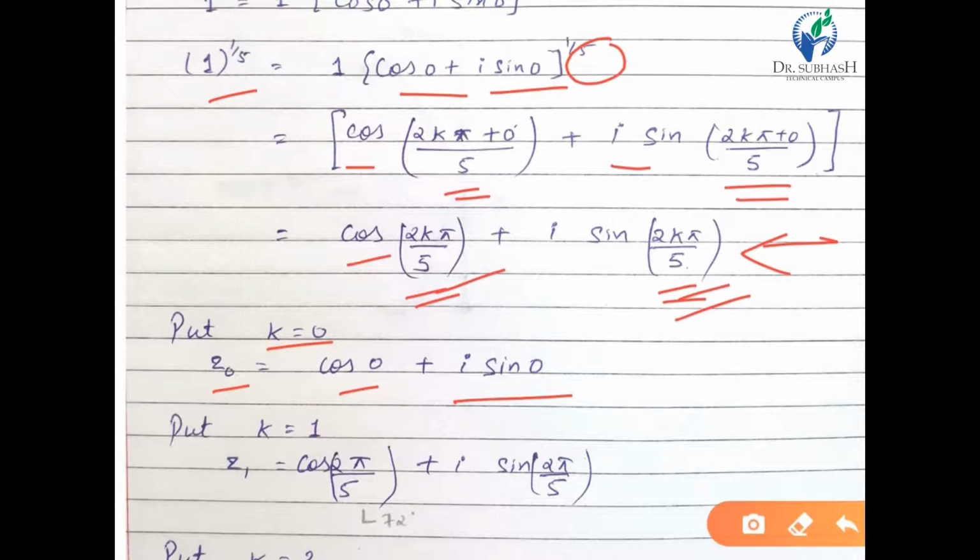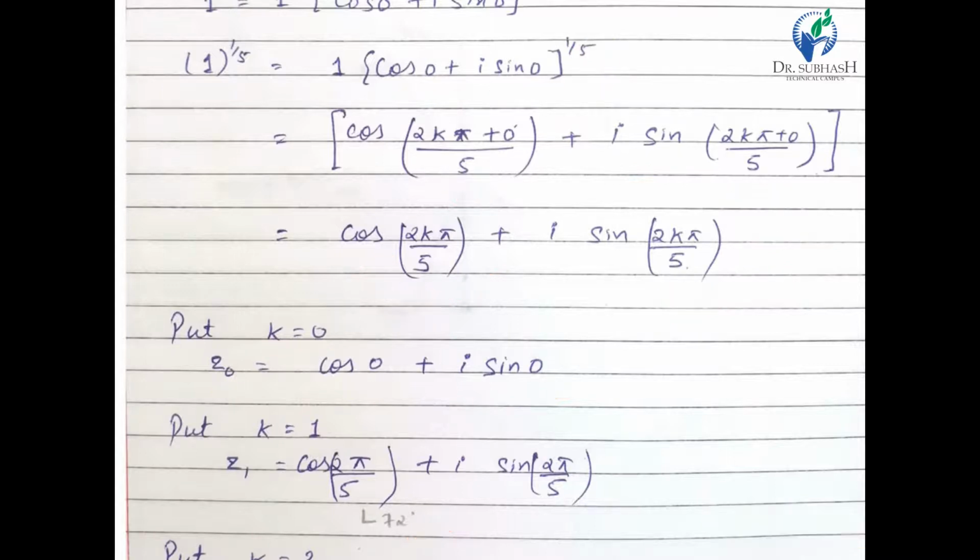Now we put k equal to 1. So putting k equal to 1, we get cos 2 pi by 5 plus I sin 2 pi by 5. Again 2 pi by 5 is approximately 72 degree. We can find it by taking pi equal to 180.